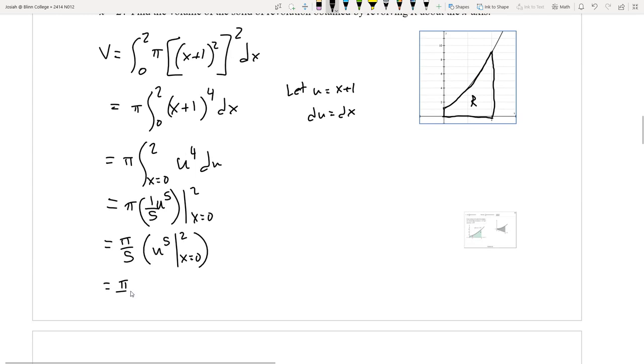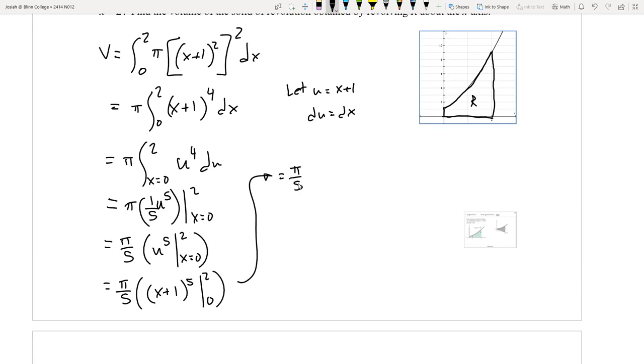Pi over 5, and in here we've got then (x plus 1) to the 5th from 0 to 2. And so we'll go ahead and evaluate this. Again, I use brackets so that each evaluation can have its own parentheses.